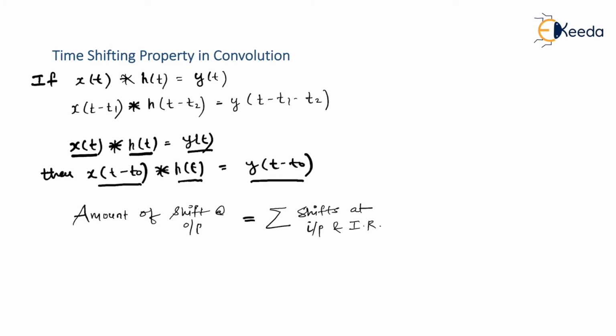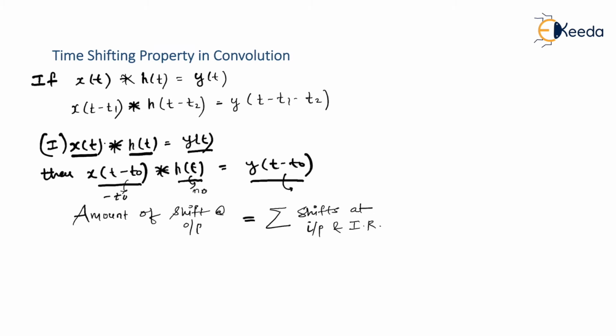Okay, let us see. As you can see, when x of t convolve with h of t is equal to y of t, then x of t minus t naught convolve with h of t. Now see to it, what is the shift in case of input? Then you can answer, it is minus t naught. In case of h of t, that is impulse response, how much is the shift? Then we can say there is no shift, right?